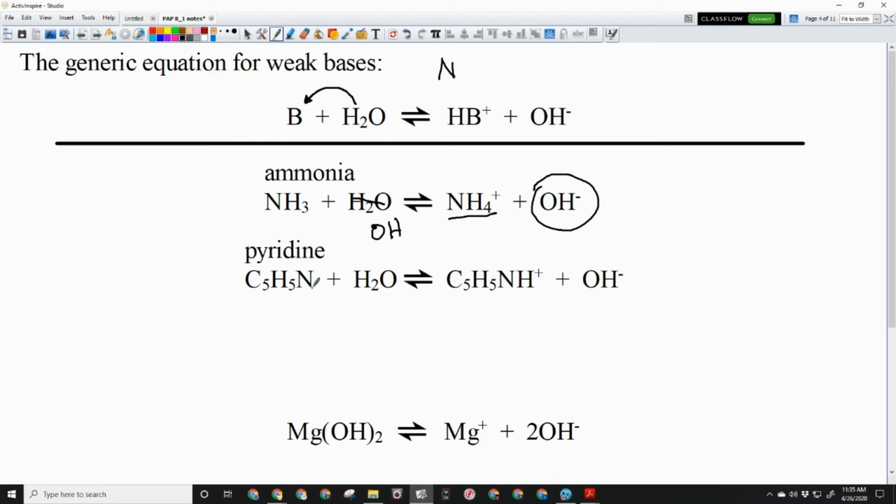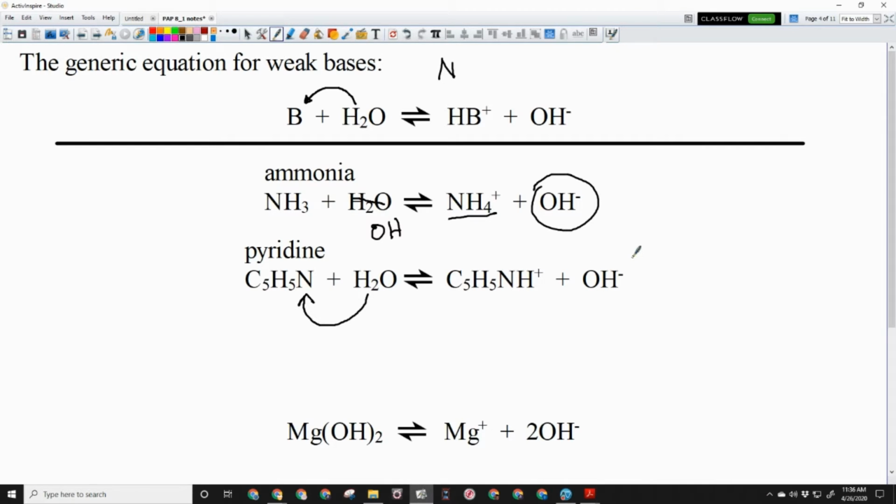All right, so we have another example here, pyridine. So we have C5H5N. We're going to combine it with water. It's going to be in water. So one of these hydrogens is going to leave the water and bond to the pyridine. And normally we put it at the end. So you see here it's at the end instead of at the beginning. At the end, plus what's left over is the OH.